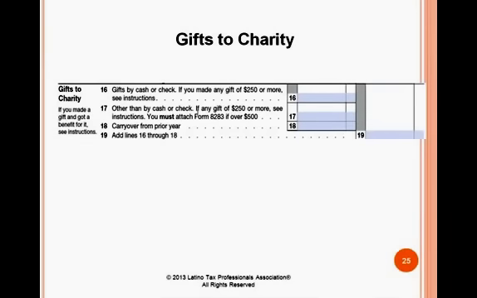The next section of Schedule A, Itemized Deductions, is gifts to charity. The IRS separates donations to charity by cash or non-cash, or other than cash. Meaning cash, now when you tell somebody cash, well, I write a check, that's cash. That's considered cash.